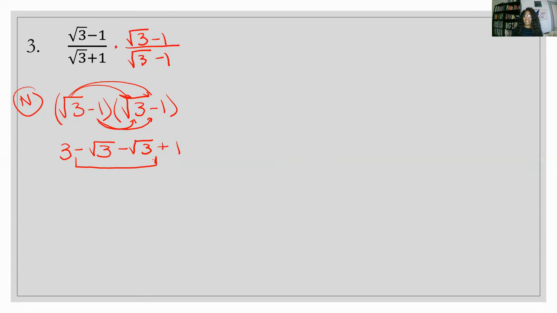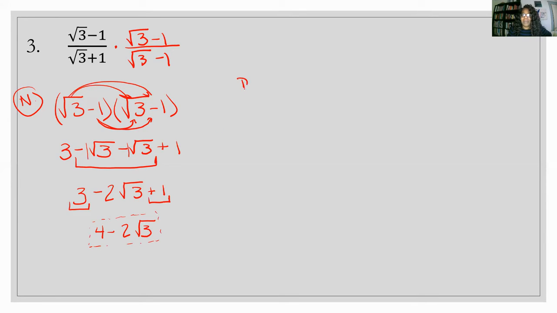In order for them to cancel out, one has to be positive and one has to be negative. So since they're both negative, with the 1 assumed to be in front of them, we're going to add them. So that gives me a negative 2 square root of 3. Bring down my plus 1, bring down my 3. These two are my like terms. So 3 plus 1 gives me 4, minus 2 square root of 3. So that's going to be your answer for your numerator.